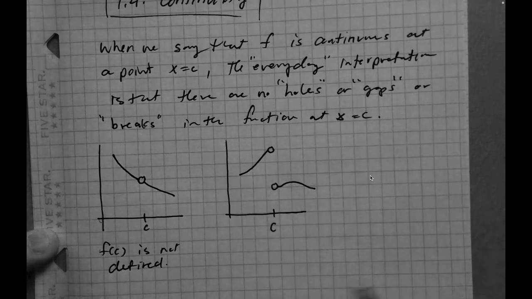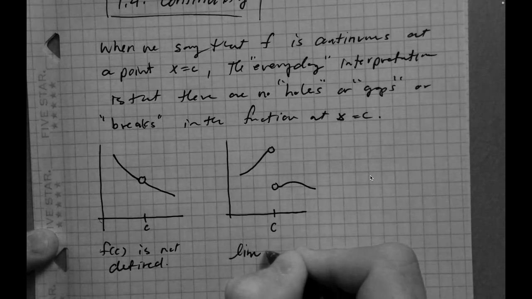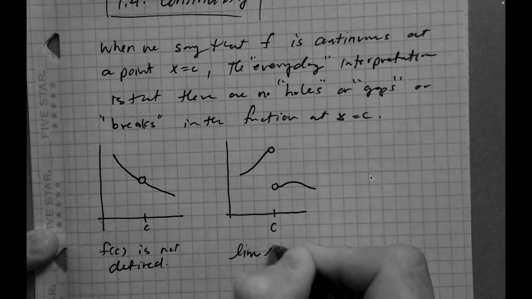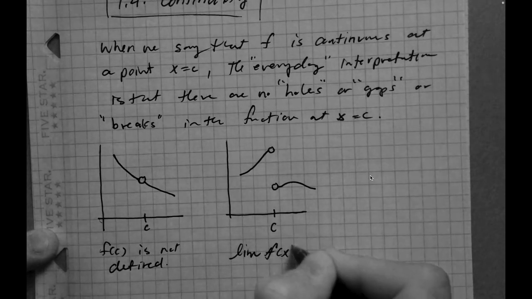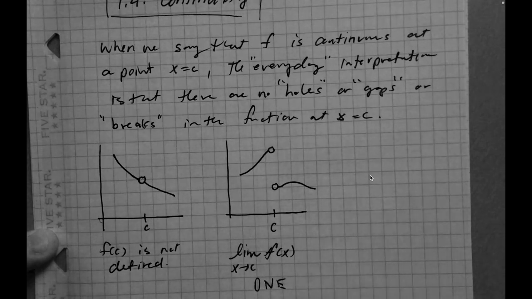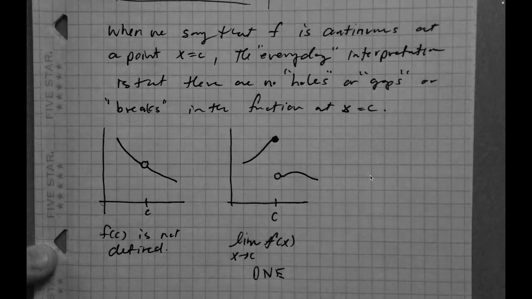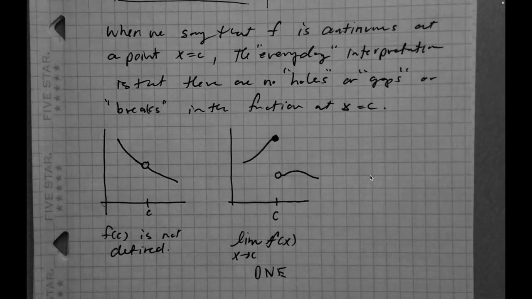There's no agreement on either side. The limit as x approaches c does not exist. It could also be the case that the function is defined at c, but the limit doesn't exist.